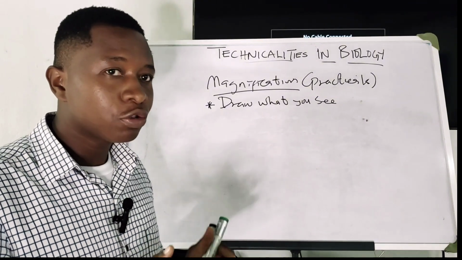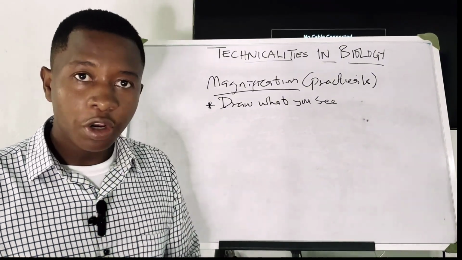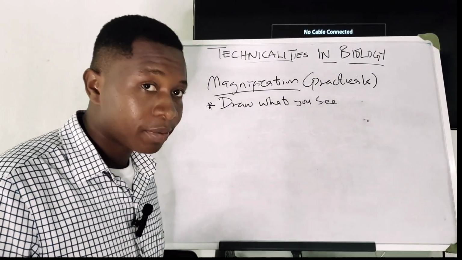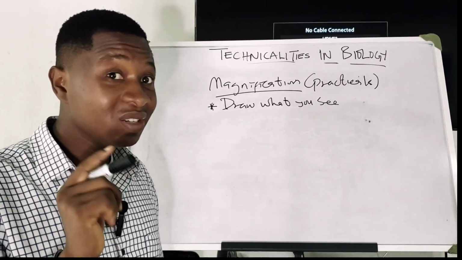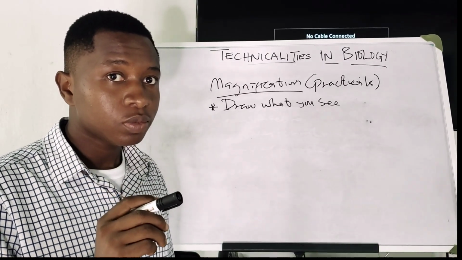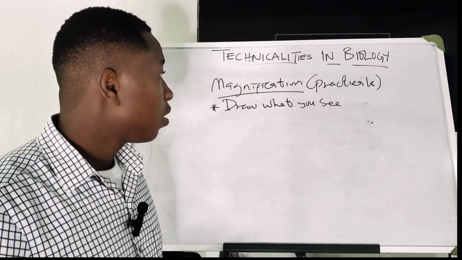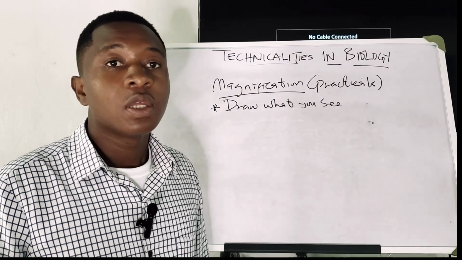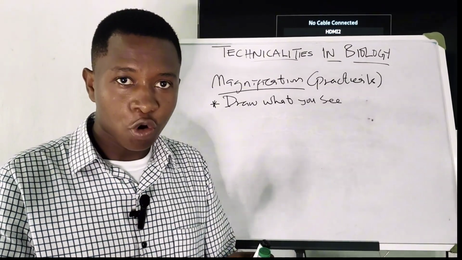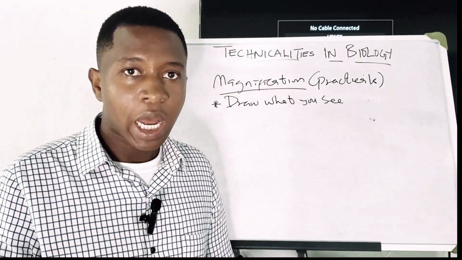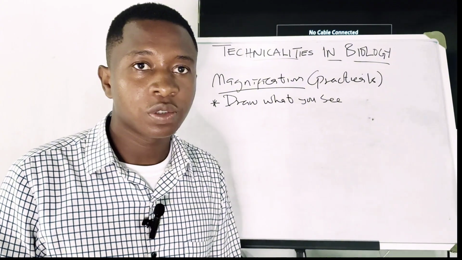So if you are asked to draw the onion, draw the one you can see there. Do not draw the one in your textbook, because there's a reason why they ask you to draw. That's what most students do not know. They can give you an instruction to remove 2 wings and 2 legs of a cockroach, and ask you to draw the cockroach.